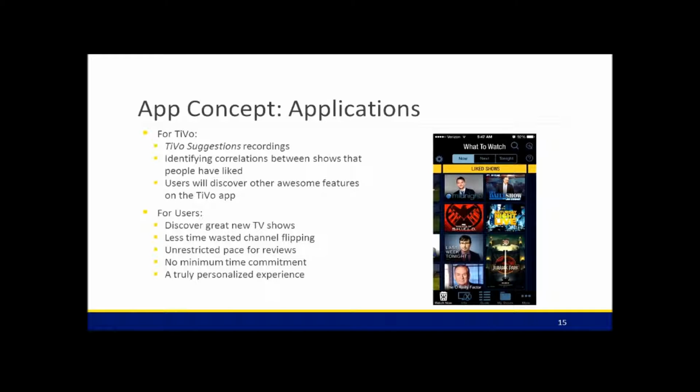They can get a show from anywhere, and there's an unrestricted pace for reviews. They can review anytime, any place. There isn't a minimum time commitment, and this is a very personal experience for the user.